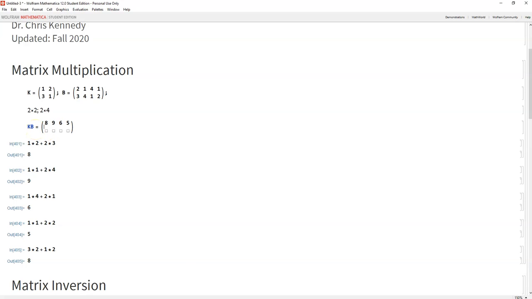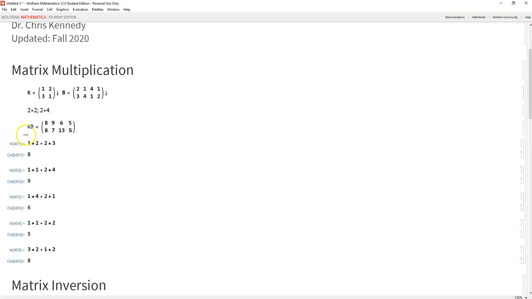Oops. Alright, and then 3 plus 4, that's 7, and then 12 plus 1, that's 13, and then 3 plus 2, that is 5 again. So there we get our matrix when we multiply K times B.